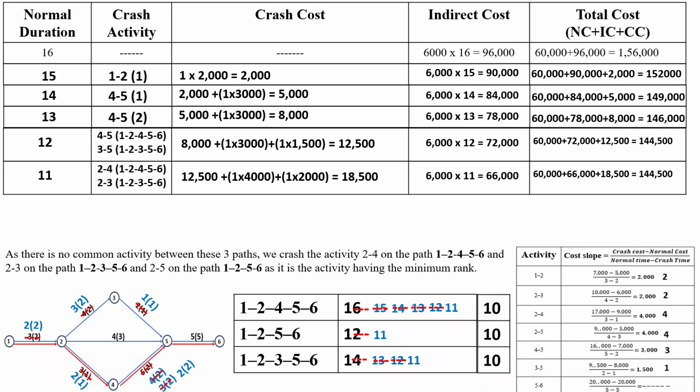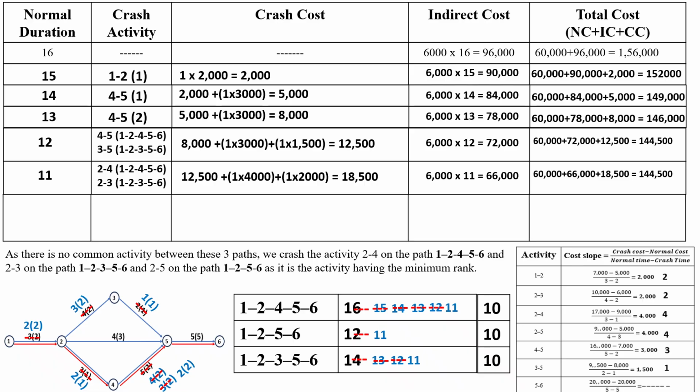So now we have to go for the crashing for 1 day. The duration will become 10 days, and crashing activities are 2 to 4 for the path 1, 2, 4, 5, 6 and 2 to 3 for the path 1, 2, 3, 5, 6 and activity 2 to 5 in the path 1, 2, 5, 6.